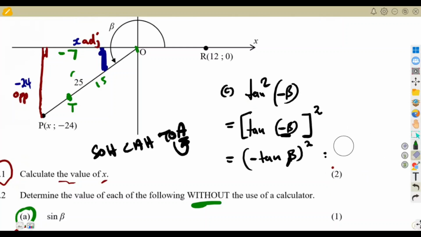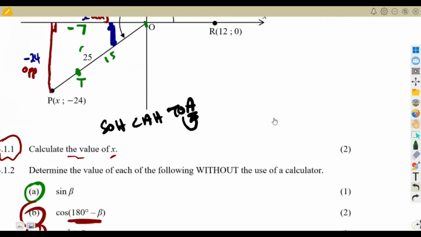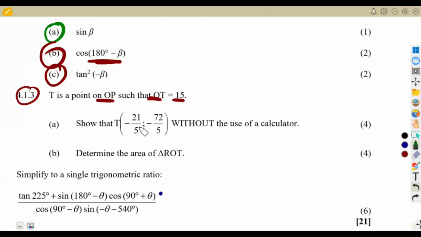Okay. Let's understand the question. Let me quickly remove this. Let us get back to the question here. The question is, show that the point T, that we do not know exactly where it is, is supposed to be minus 21 over 25, minus 72 over 5, without the use of a calculator.